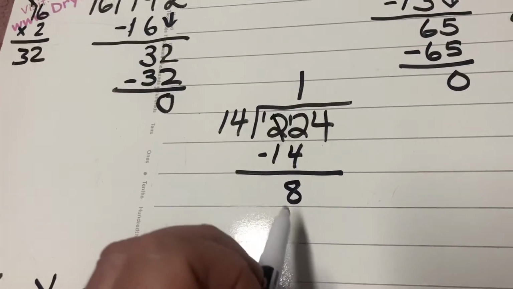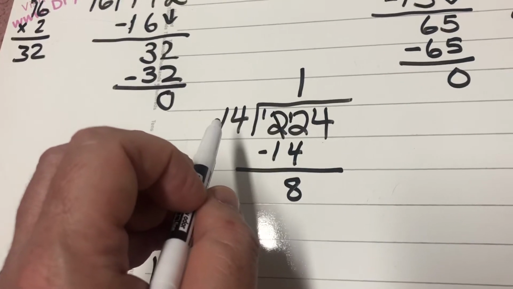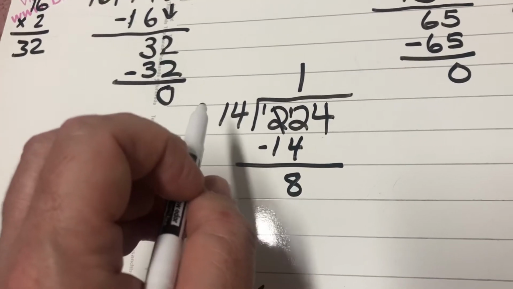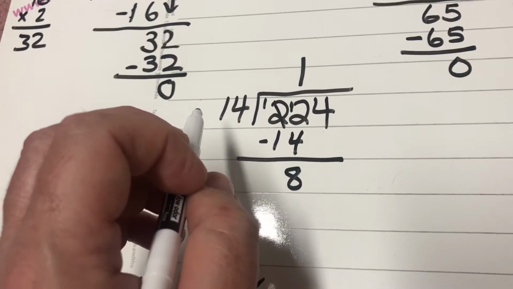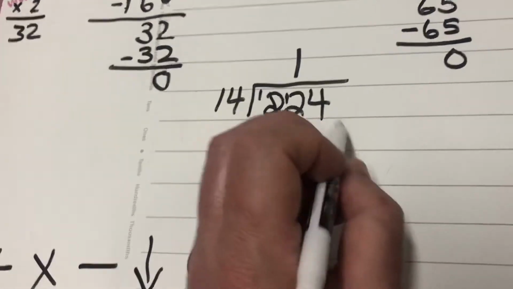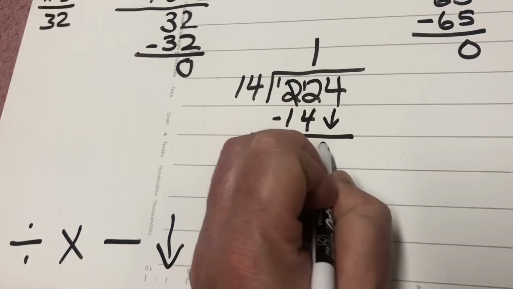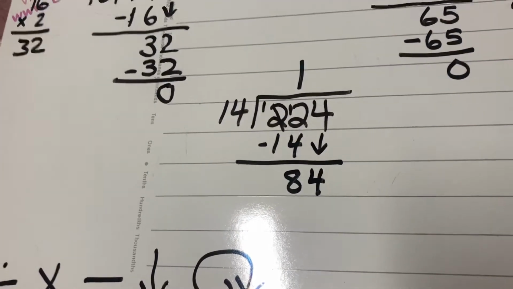I know I'm okay because 8 is less than 14. Then I'm going to go ahead and bring down the 4. And it's time for me to figure out how many times 14 can go into 84.